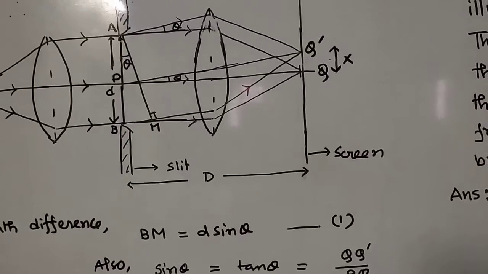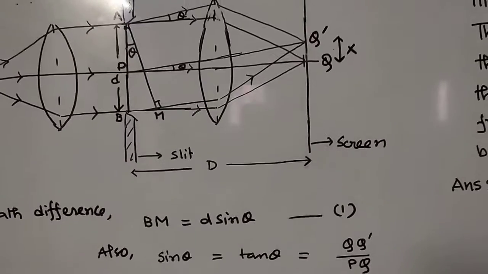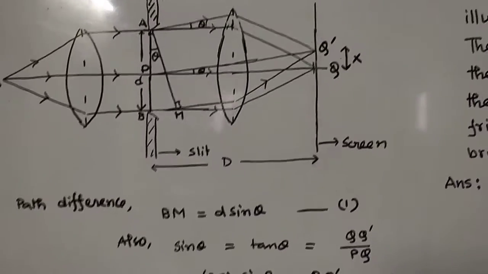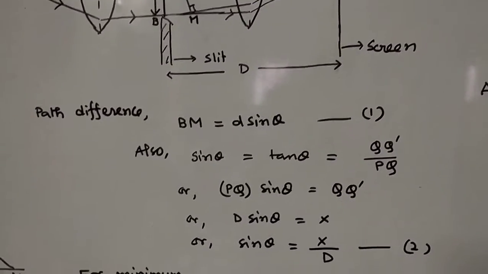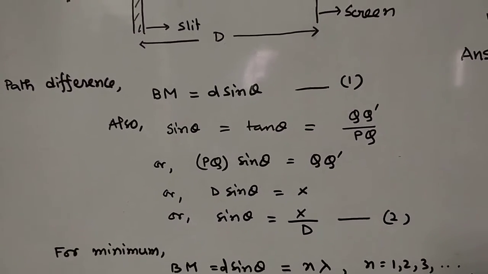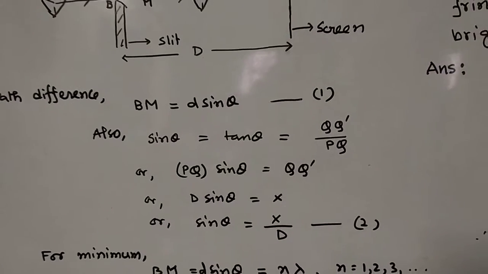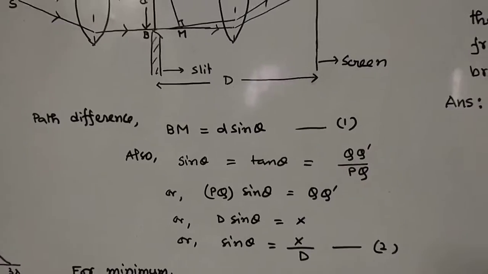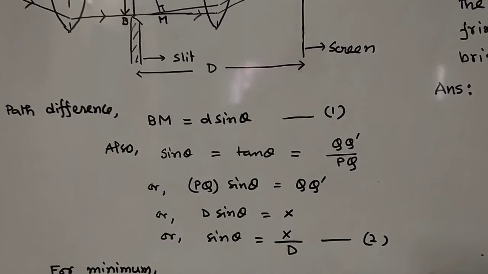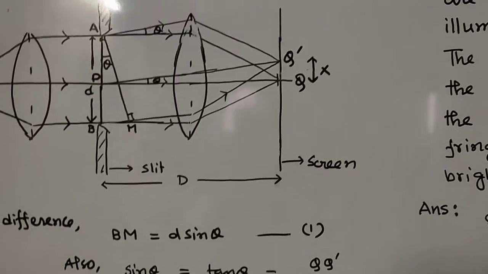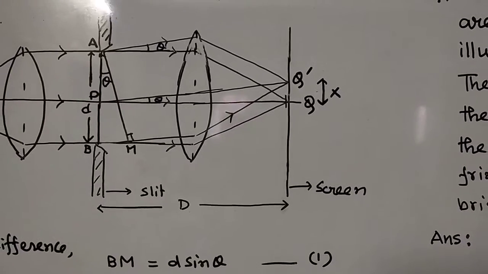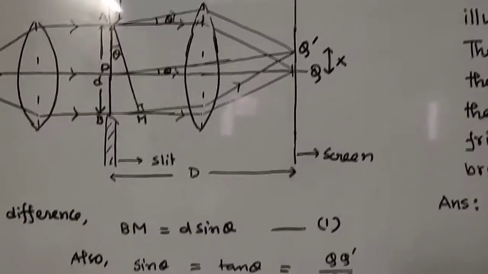PQ is nothing but capital D as per the diagram, and QQ dash we have considered X. So sine theta equals X by D, and this is expression number 2. Expression number 1 is the path difference, and expression number 2 is sine theta equal to capital X by capital D. X is the separation between Q and Q dash, and D is the distance between the slits and the screen.